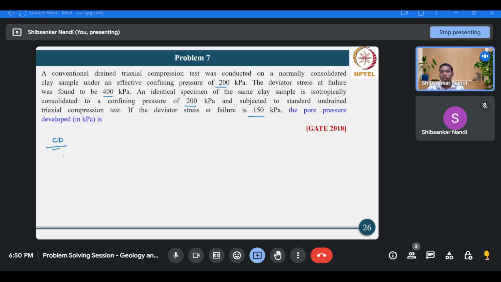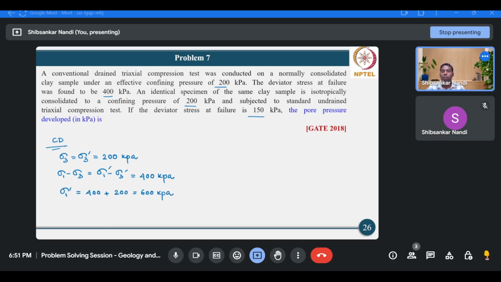The confining pressure sigma 3 equals sigma 3 prime, which is 200 kPa, and the deviator stress sigma 1 minus sigma 3, that is sigma 1 prime minus sigma 3 prime, is 400 kPa. So therefore sigma 1 prime is 400 plus 200, that is 600 kPa.